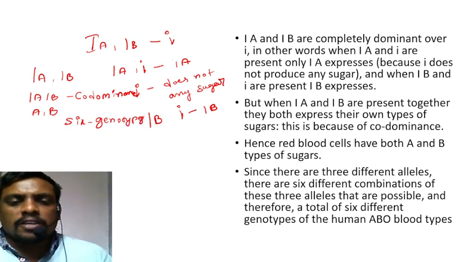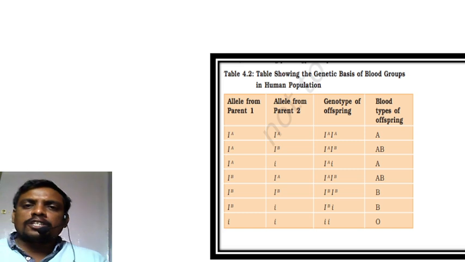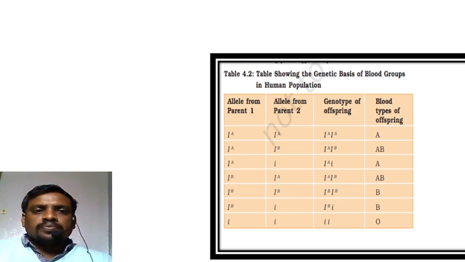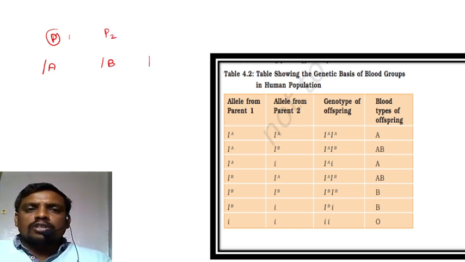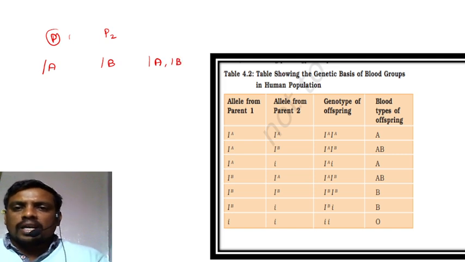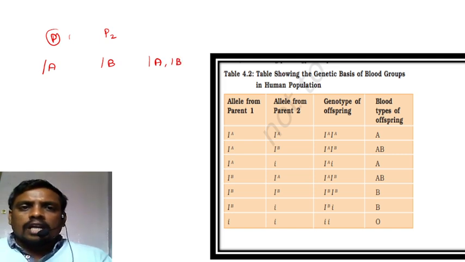I would like to explain the ABO blood group pattern in this table. Let us take capital IA from parent 1 and capital IB from parent 2, and the possible genotype will be IA IB, and the possible blood group will be AB.